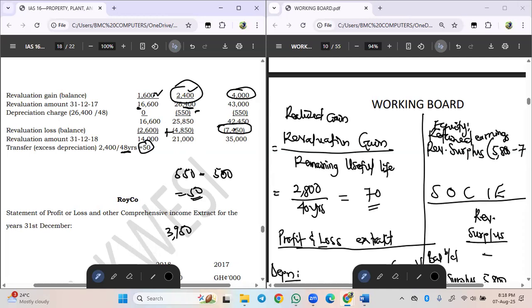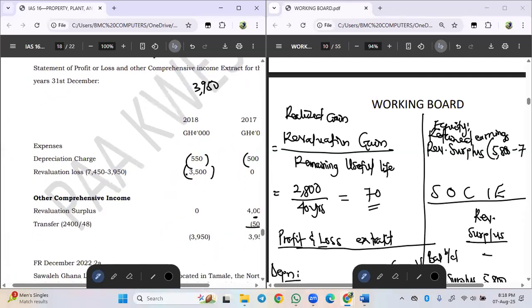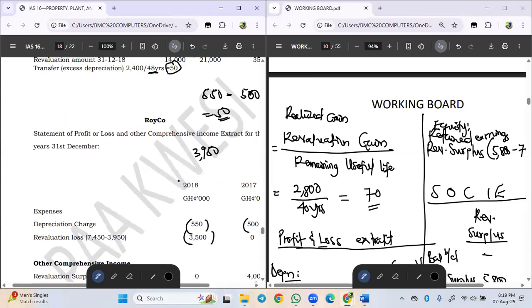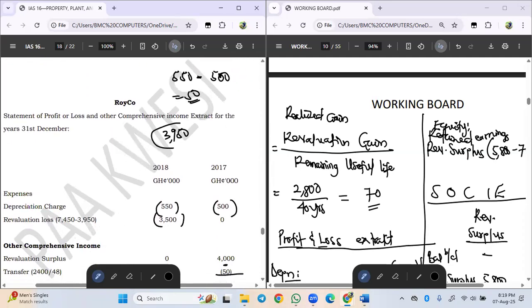This is your revaluation loss. This is your revaluation gain. The loss exceeds the gain. So that is why you are seeing a revaluation loss of 3,500. How did they calculate that one? It is the 7,450 here minus the 3,950, the revaluation gain after deducting the realized gain. And that one will be in the P&L.